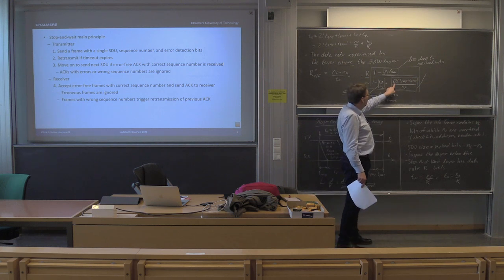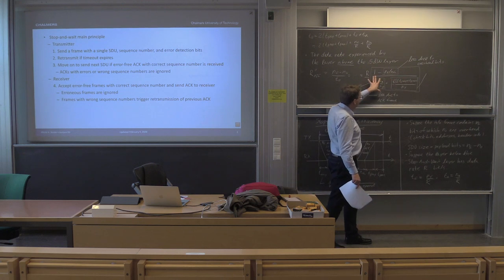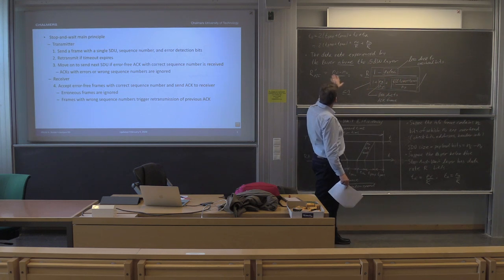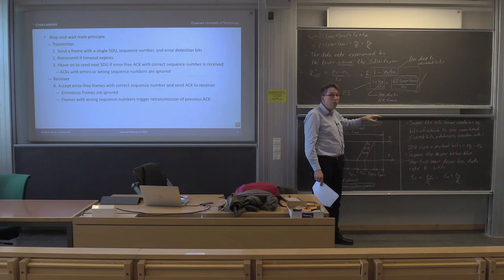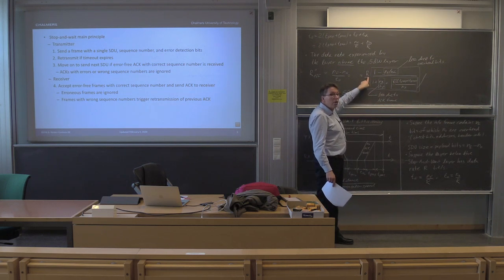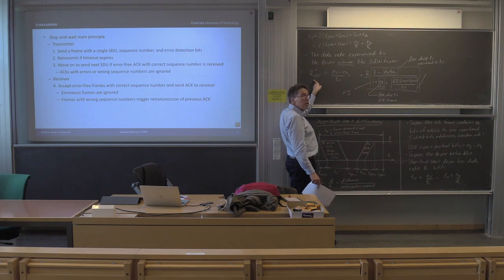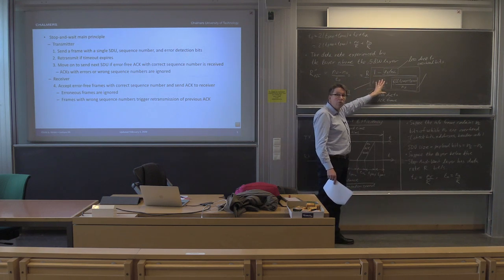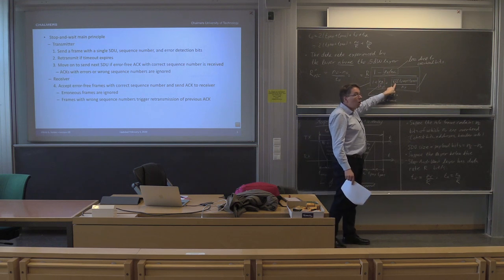But you see, increasing R here will increase this term, will increase the denominator, which will make our efficiency go down. Now, since we have R here also, the data rate will increase, but the efficiency will go down. So increasing R will hurt efficiency.